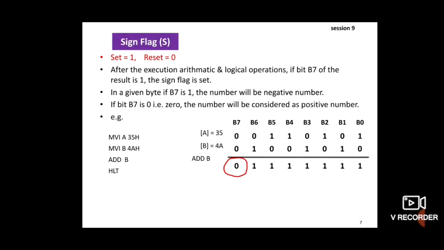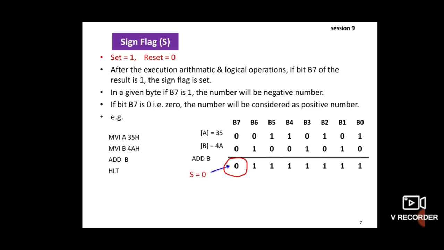0. So if bit B7 is 0, the number is considered a positive number. If 1 becomes the B7 bit here, then the number is considered a negative number. But in this example, after the ALU operation, 0 becomes the bit at the B7 position, so the number is considered a positive number.